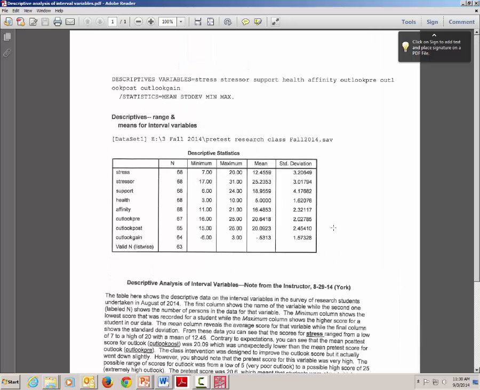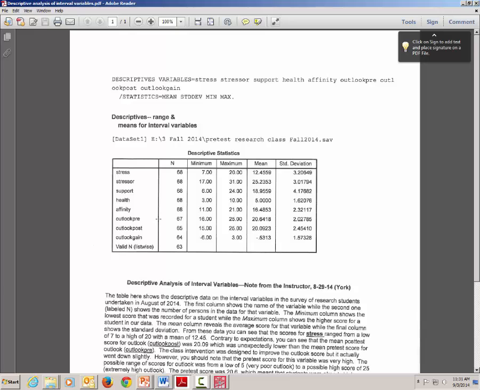Okay, hope this helps. For stress, this is the number of persons in the study, 68. The lowest stress score received was a 7. The highest was a 20. The mean was 12.4.